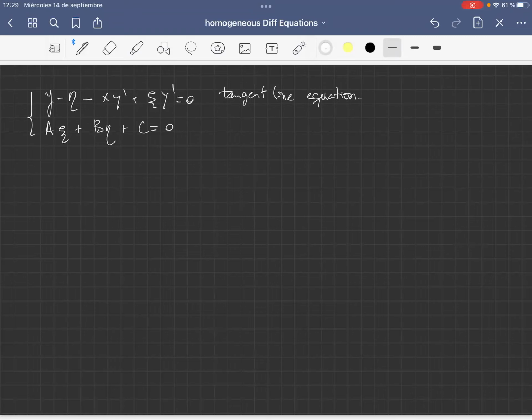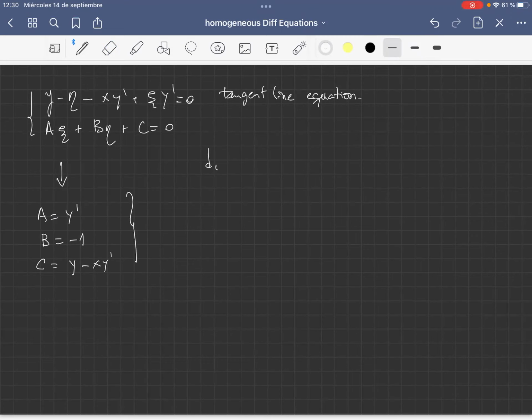By direct comparison, if you notice what accompanies psi and what accompanies eta, A is going to be y prime, B is going to be -1, and C is going to be the rest, which is y minus x y prime. Okay, so now we know what we have to put in our distance.